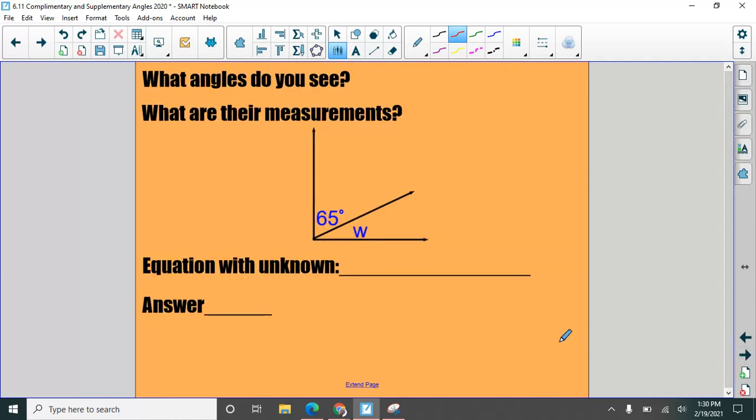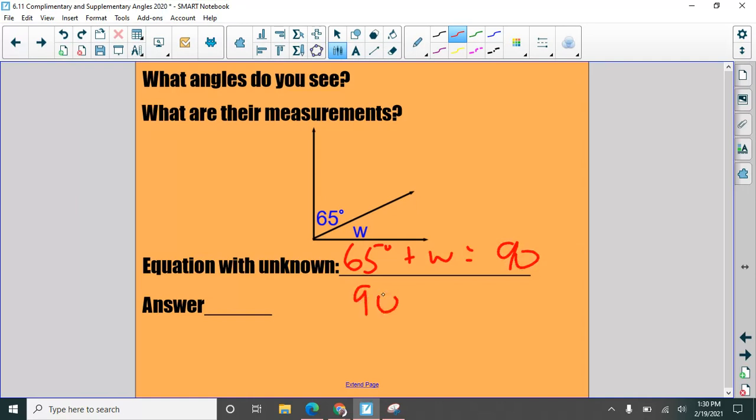Well, let me ask you to do some thinking here. How do you think we might figure out the angle labeled W here? All right, I bet we were on to this because look, see this right angle? The whole thing is 90 degrees, isn't it? So if we have 65 plus W equals 90, that's going to give us our answer.